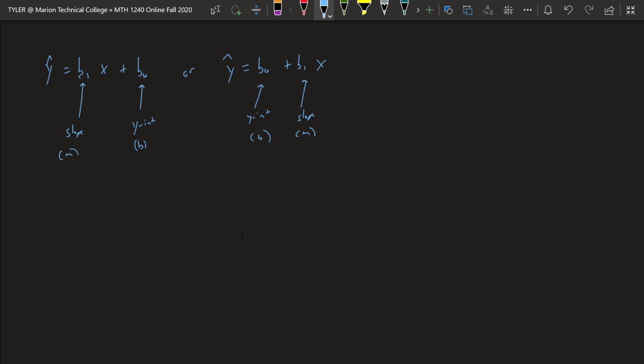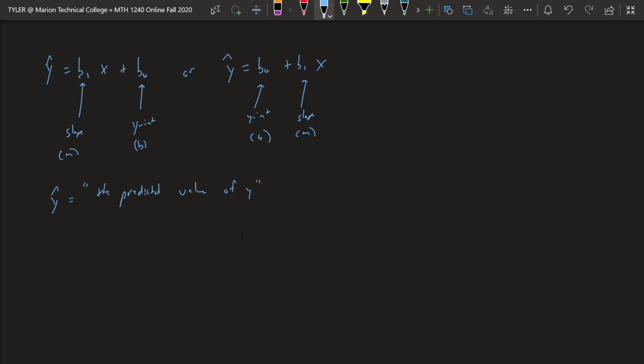So I have some other notes about y hat. Remember that y hat is equal to the predicted value of y. So we use it to denote something different, and it's important that you have that symbol so we know what we're talking about.